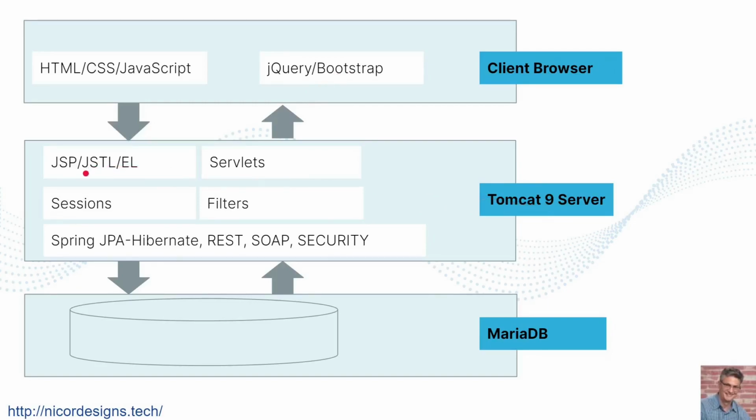We are going to be looking at JSP, JSTL, and expression language, servlets, filters, session. We will also be looking at Spring JPA Hibernate, Spring REST, Spring SOAP, and Spring Security. And finally, down in the back end, we will be using the MariaDB SQL database.